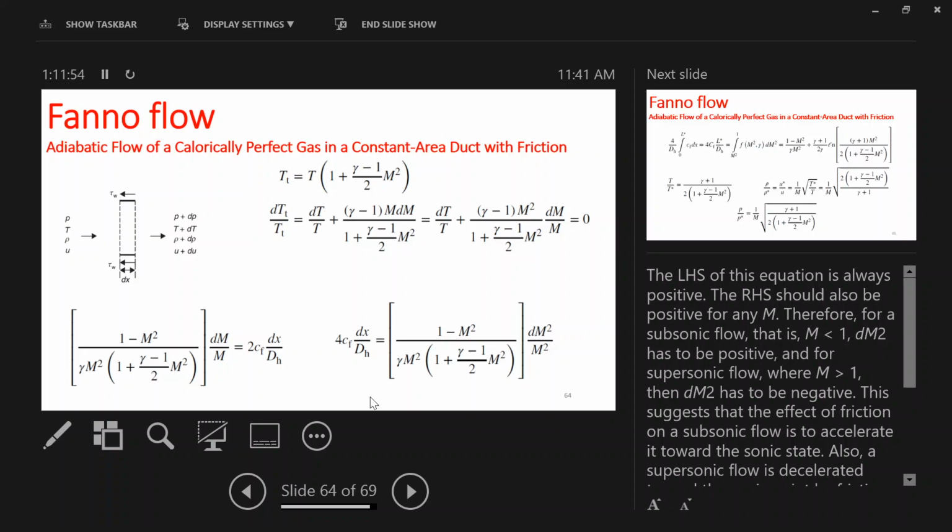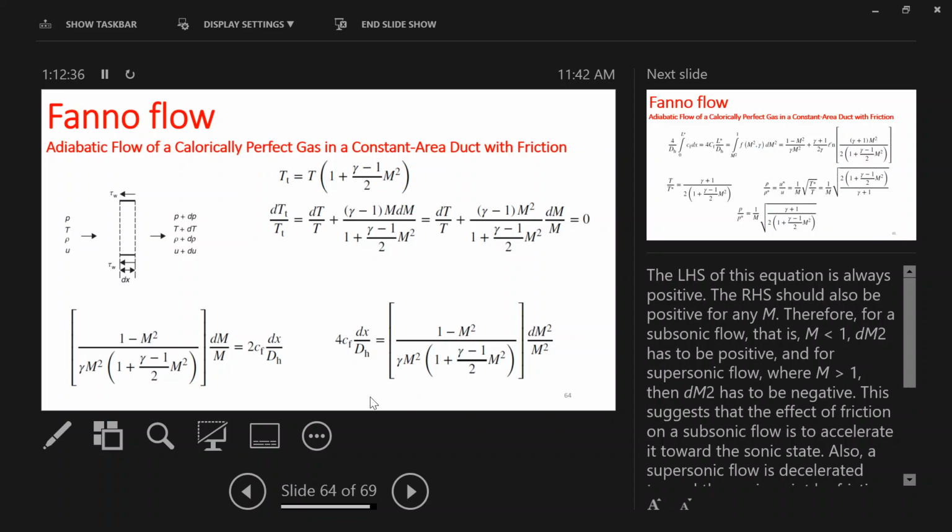Let's replace the term we had, and this is actually the simplified version. So this is the equation you are going to get. But in order to simplify the matter a little more, we can change dM to dM squared, right? What is dM squared? It's 2M dM, right? So if you multiply and divide this whole thing by 2M, you'll get 2M dM here, which is dM squared, right?